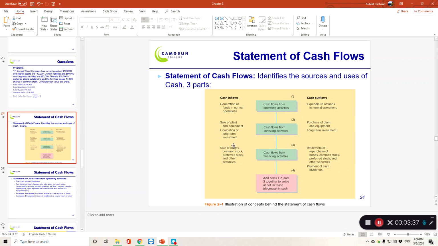So anytime I'm trying to raise funds, or anytime I'm paying back investors for funds that they raised, I'm financing my activities, and the cash flow will go to the cash flow from financing activities. So sale of bonds, common stock, preferred stock are financing activities. Obviously, that's common stock of the company we're talking about, and bonds of the company we're talking about.